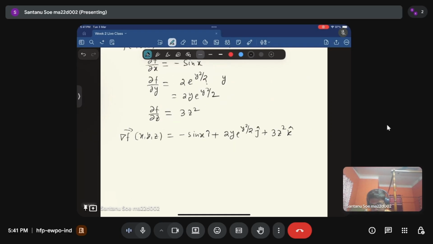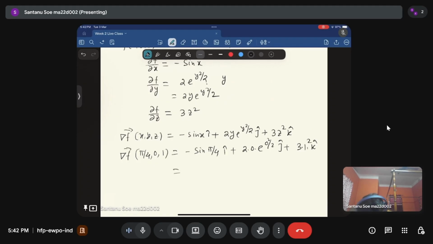Now the point is given as pi by 4, 0, 1. So we'll just replace x y z by pi by 4, 0 and 1. So gradient of f at pi by 4, 0 and 1 is minus sine pi by 4 into i cap plus 2 times 0 into e to the power 0 square by 2 j cap plus 3 into 1 square k cap.